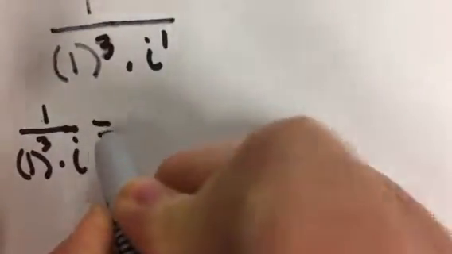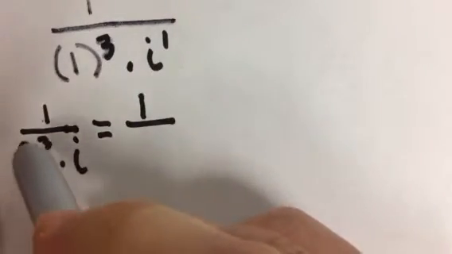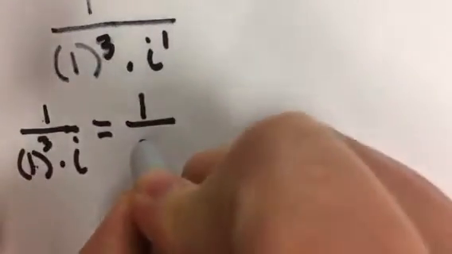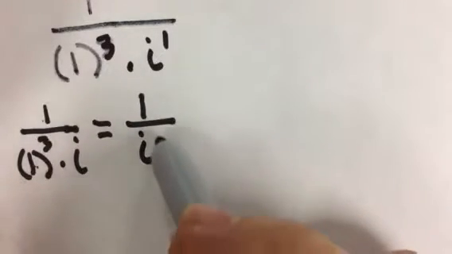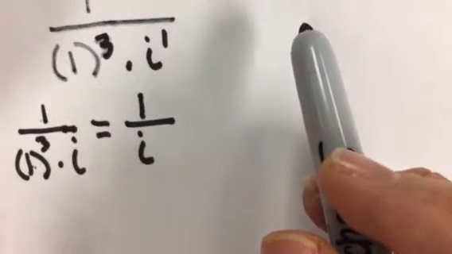And that all equals 1 over, now you have the powers here, so 1 times 1 times 1 is 1, times i is i. So 1 over i. Now it appears that we're done with the original problem, i to the negative 13 equals 1 over i.